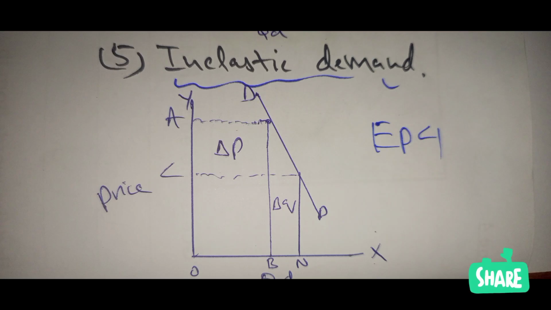It means the change in quantity demanded is less than the change in price. For example, the increase in price is more than the decrease in demand, or the decrease in price is more than the increase in demand. It means that demand is responding but less than 1.